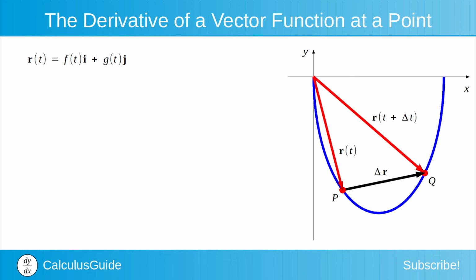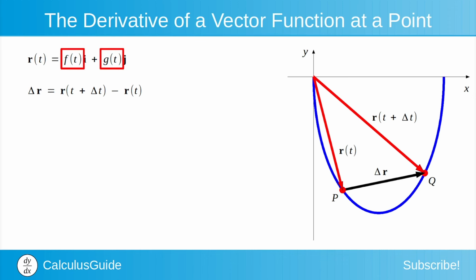So far, we have that r of t is equal to f of t i plus g of t j, and that the displacement vector delta r is equal to r of t plus delta t minus r of t. We can express this displacement vector delta r in terms of the component functions f of t and g of t.